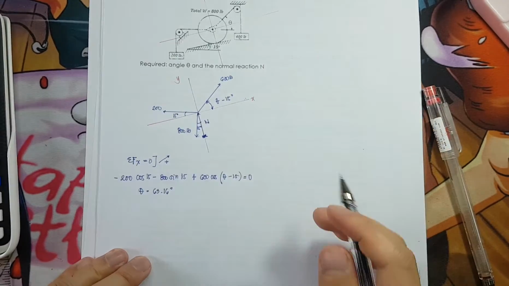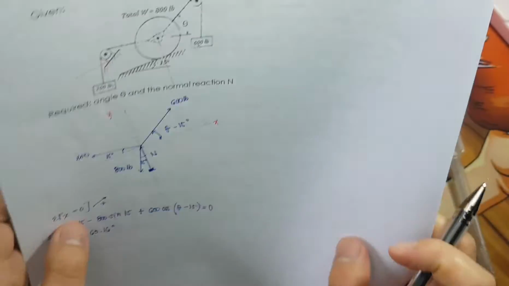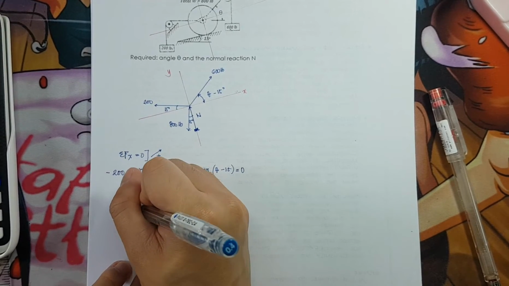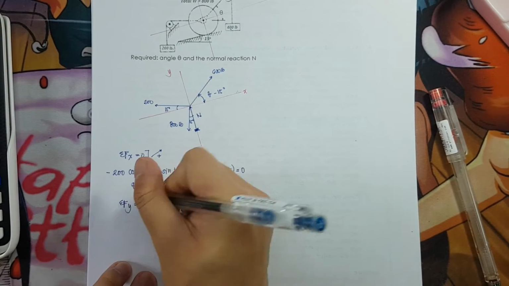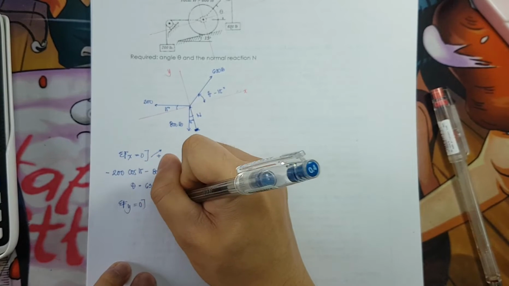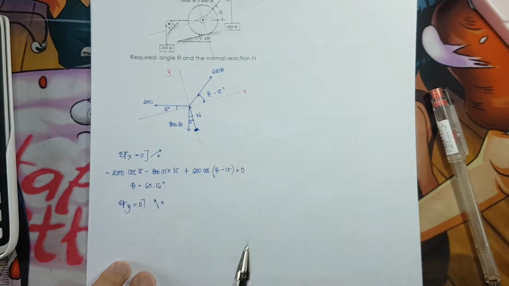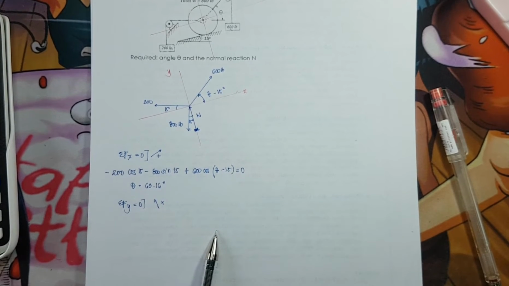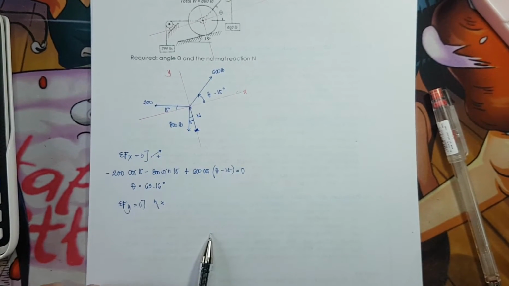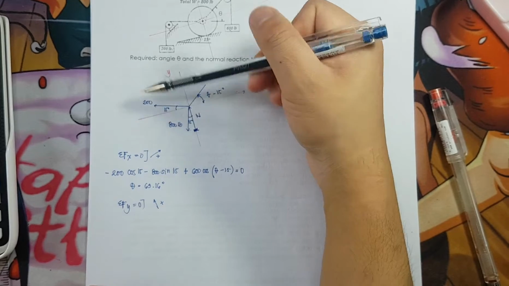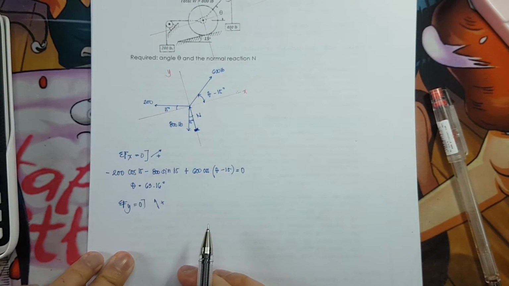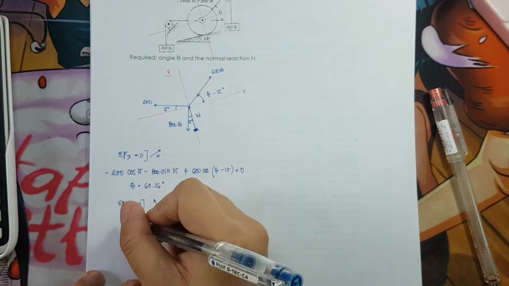Okay, then we can now solve for the N. And we're going to use another equation of equilibrium, and that is summation of forces along the y-axis is equivalent to 0. All forces that are pointing towards that direction should be positive. So we have 200 pointing upwards with respect to our axis, so that is positive, and that is a sine function.